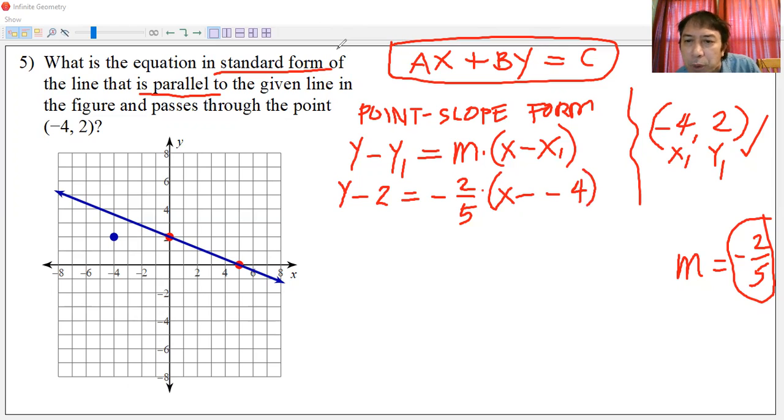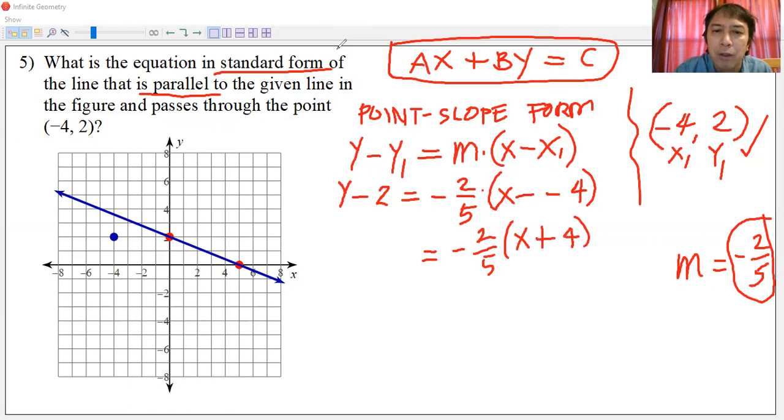So this will now be reducible to, all right, minus minus, let's start there. That becomes plus. So this will be equals negative 2 over 5 x plus 4. And the left side is still y minus 2. Okay, if we multiply both sides by 5, then we will be able to get rid of the fraction.